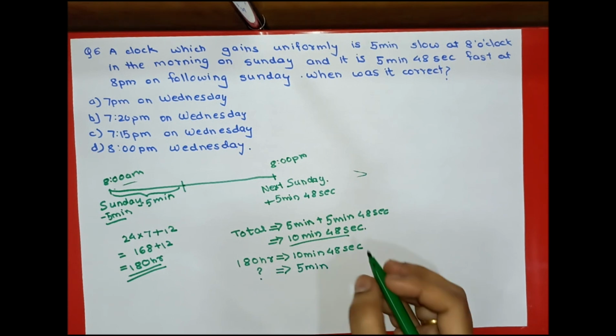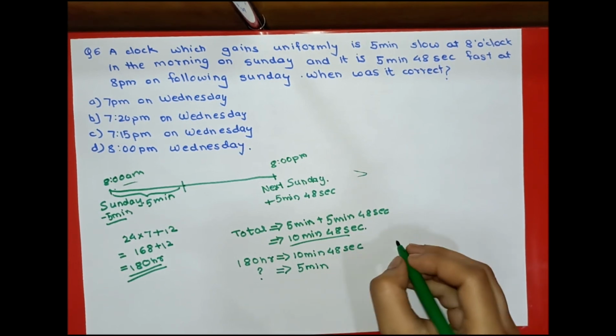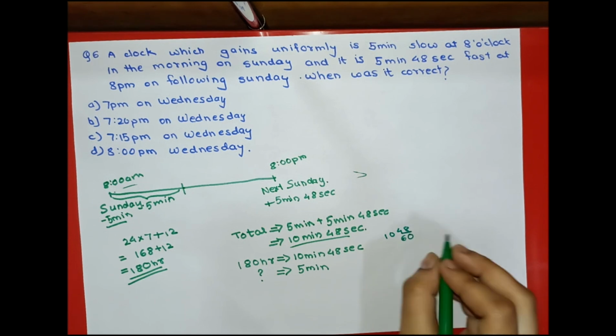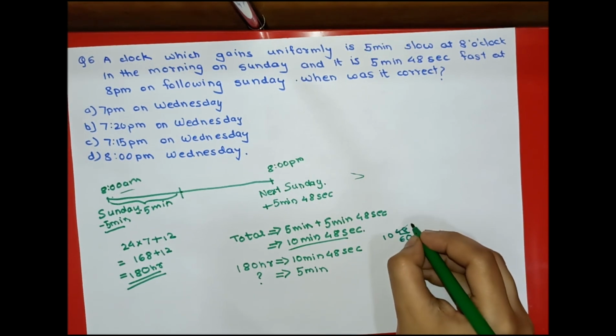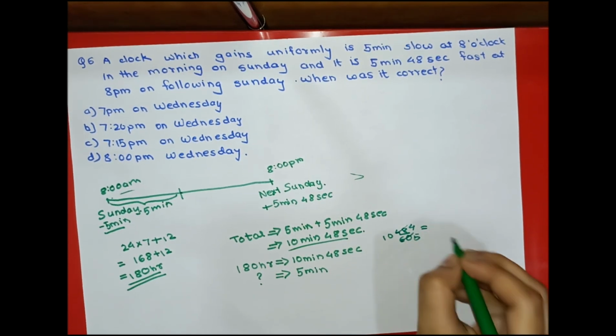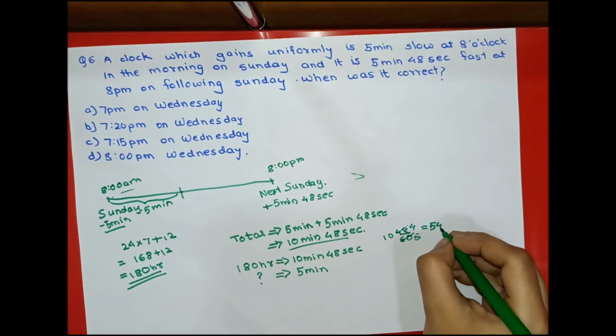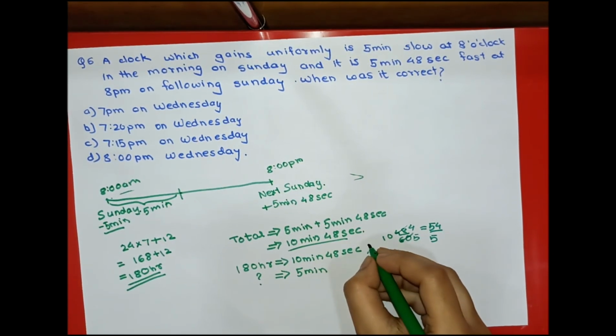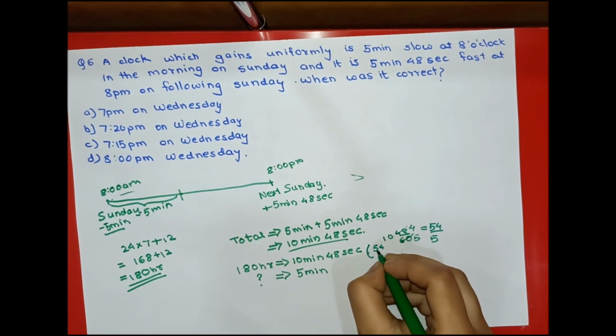You can write this 10 minutes 48 seconds as 10 and 48 by 60. This is 12 fours are 48, 5 fives are 25, and you get it as 54 by 5 minutes. So this 10 minutes 48 seconds can be written as 54 by 5.